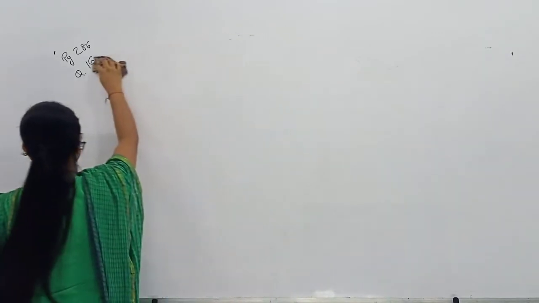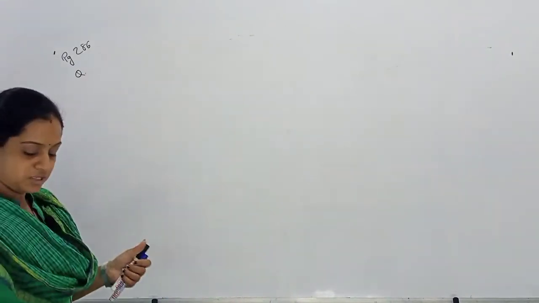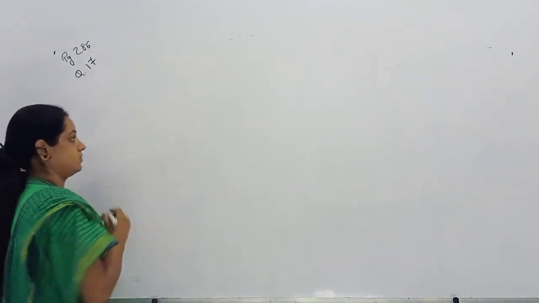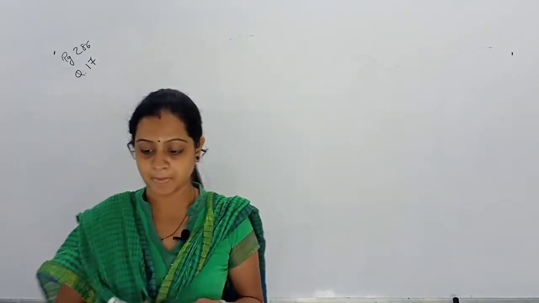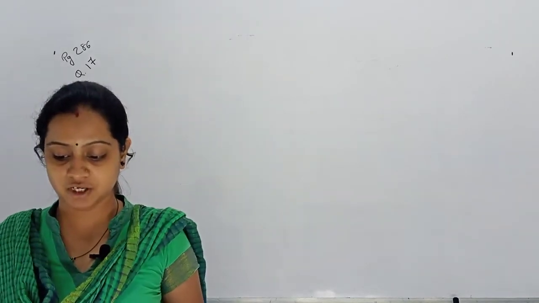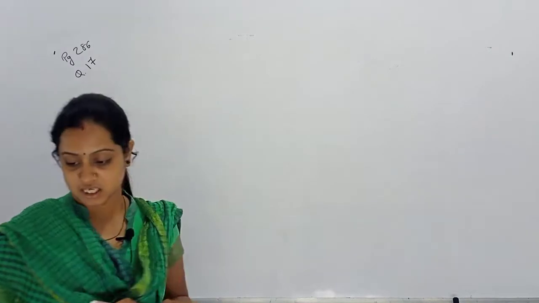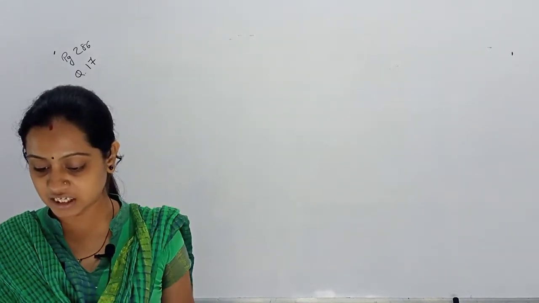Same page 286, but question number 70. Same page. From the following information, calculate cash flow from operating activities. Here is 31/3/17 and 31/3/16.